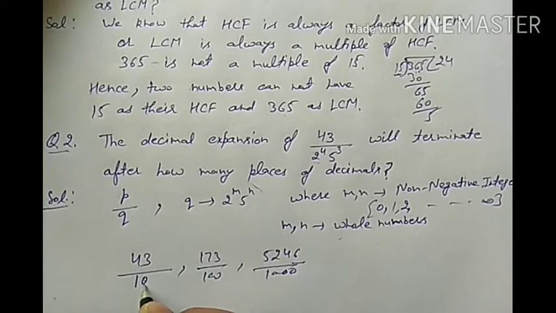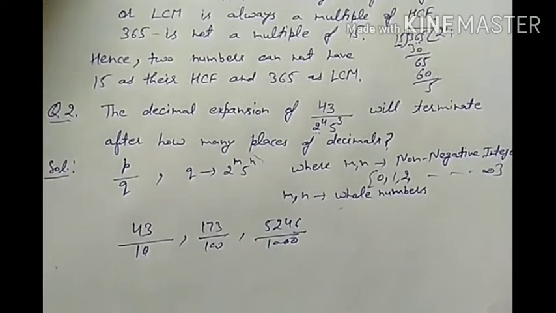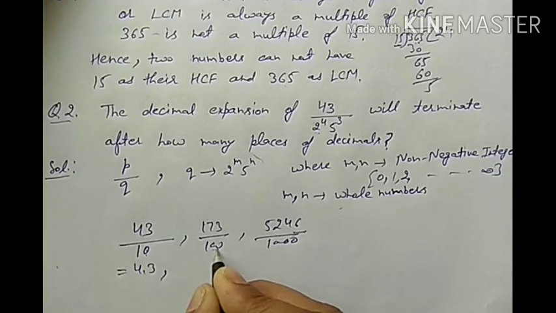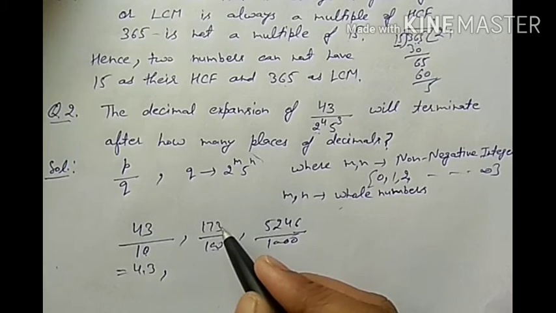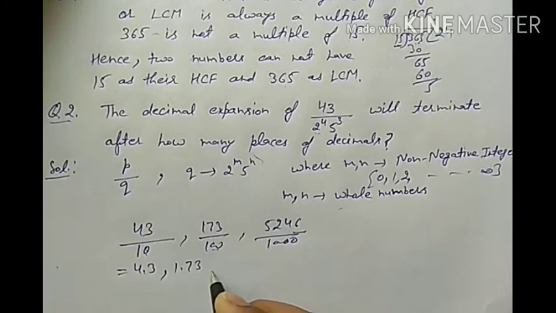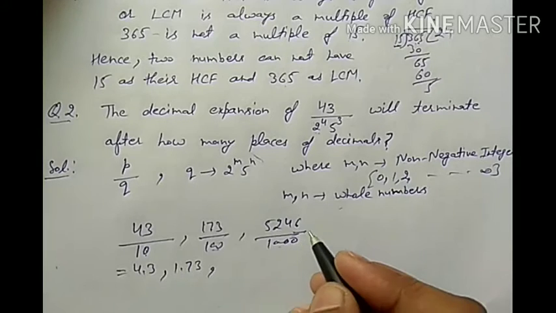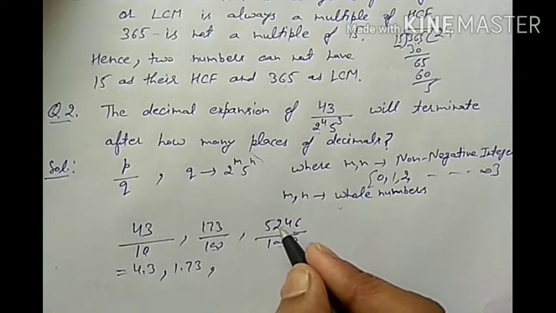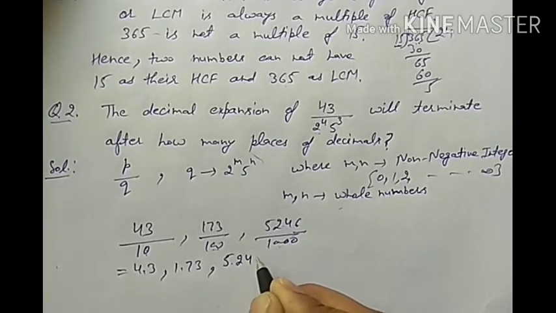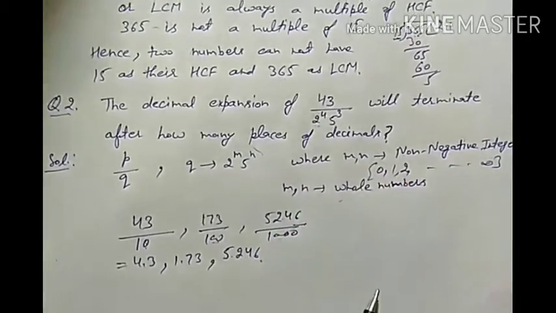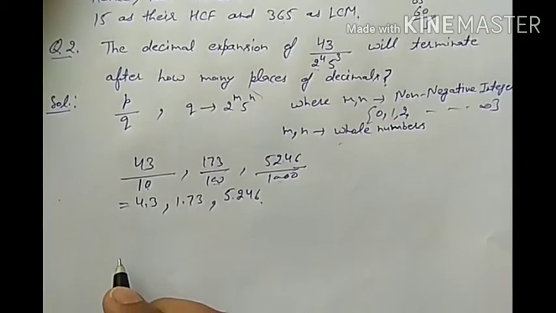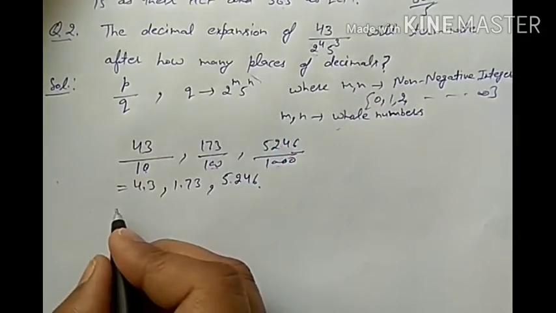Since 10 is in the denominator, it will be 4.3. With 2 zeros in the denominator, after 2 digits from the right-hand side we put the decimal; with 3 zeros, after 3 digits from the right, so it will be 5.246. So in our problem we will try to make our denominator a power of 10.